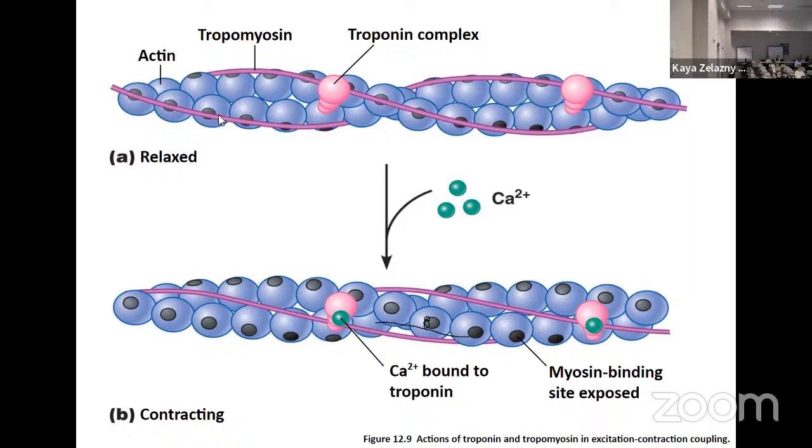Therefore, our myosin binding sites on the actin are covered over. So you would see this in a relaxed muscle, right? You'd have a long, stretched out sarcomere. When we're contracting, we're binding that calcium in, and myosin and actin bind to each other at their respective binding sites.